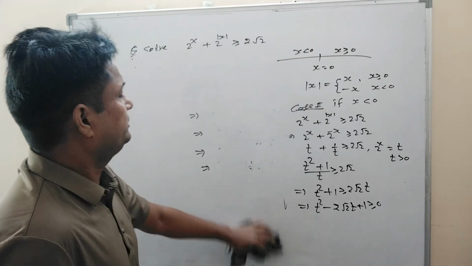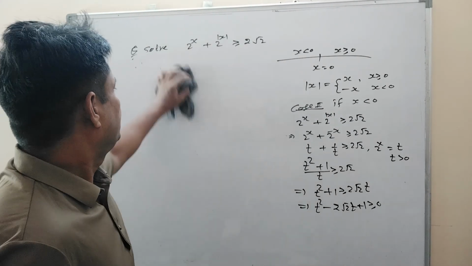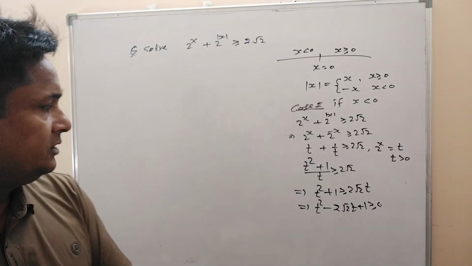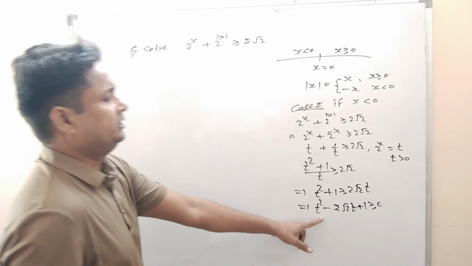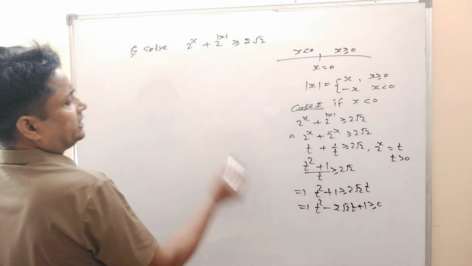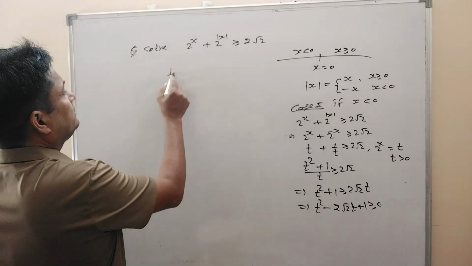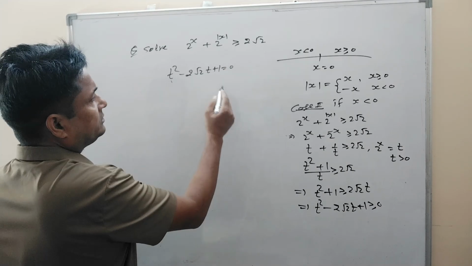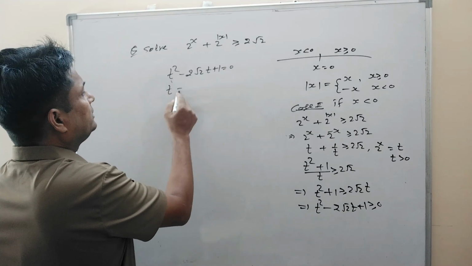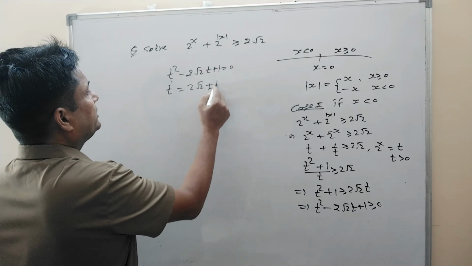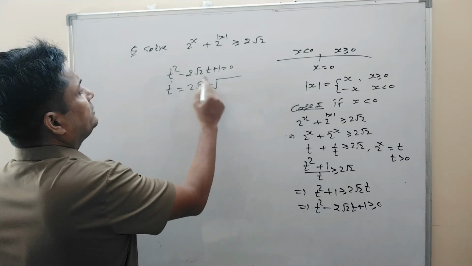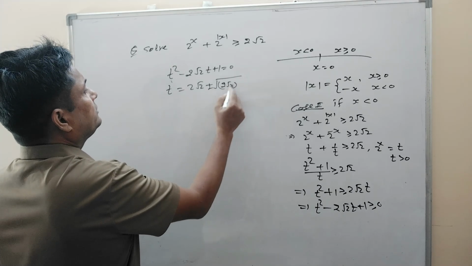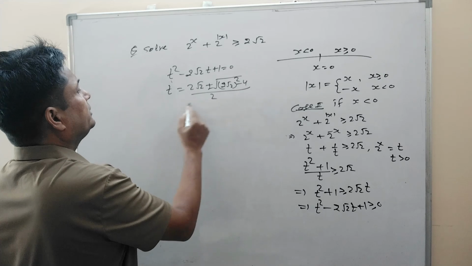Now simplify this inequality. Factorize this one. So first find the roots of t square minus 2 root 2t plus 1 equal to 0. So t equals 2 root 2 plus minus under root of 2 root 2 square minus 4ac, divided by 2.